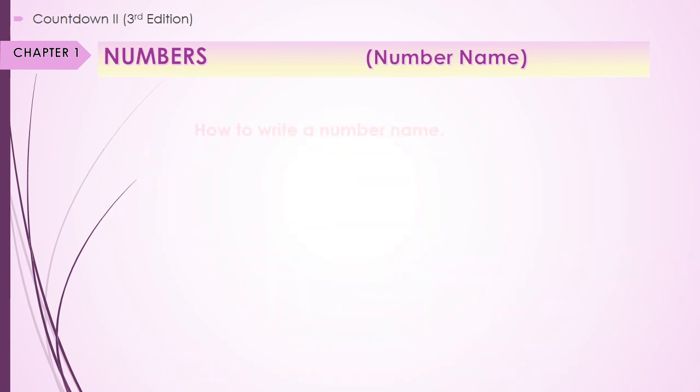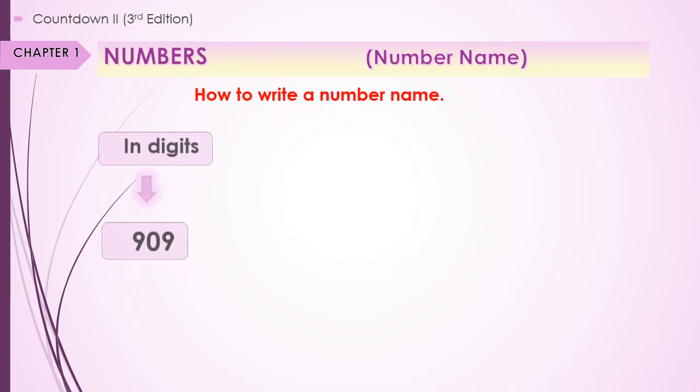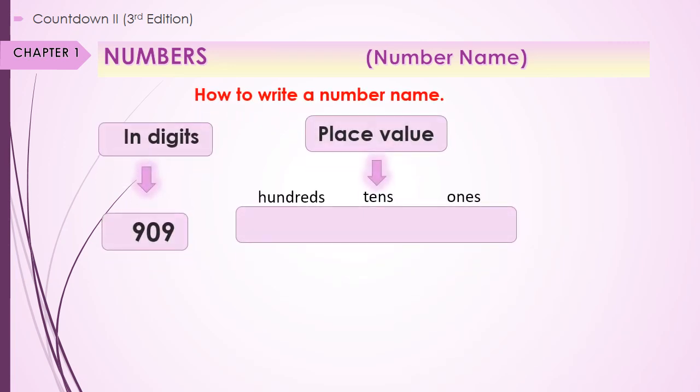Now look at another example in which we have 0 on tens place. Now writing this number according to its place value. Starting from the right side. Here we have 9 on ones place. 9 ones means 9, and 9 can be written in words like this. 0 tens.